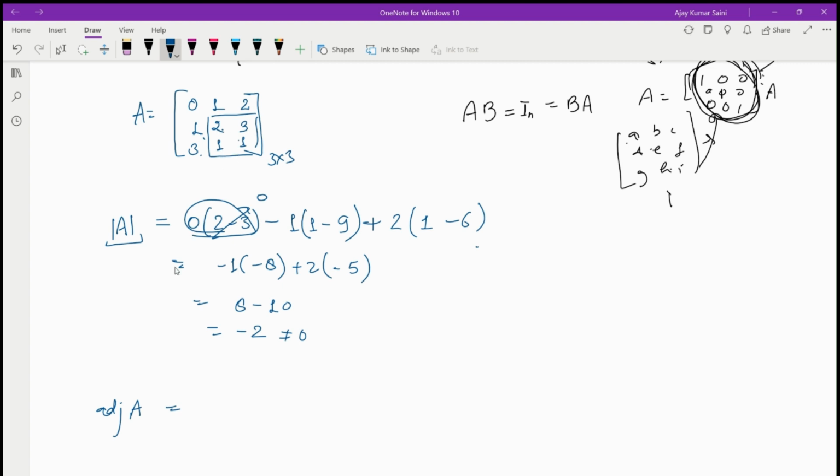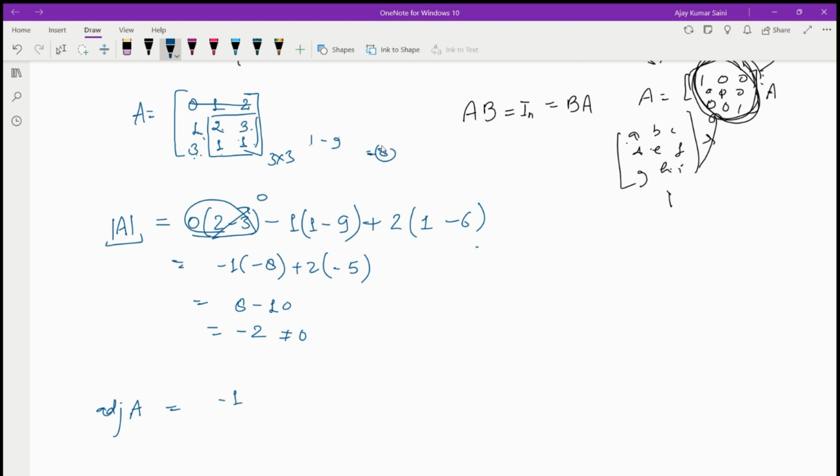So 2 minus 3 is minus 1. So one element is minus 1. After that we need to find here, so we neglect this thing. So 1 into 1 is 1, and 3 into 3 is 9, then 1 minus 9 is equal to minus 8, minus of 8.